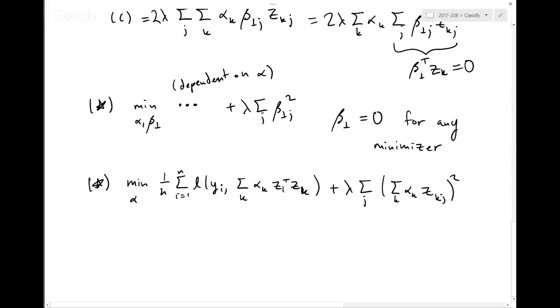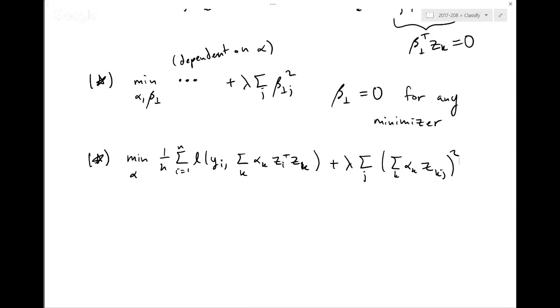Okay. Now, what this says at a high level, first of all, this alpha is in Rn. So what this says is that if p is much larger than n, right, we've constructed way more features than samples, then it turns out that we can write our program as something that's just in Rn instead of Rp.